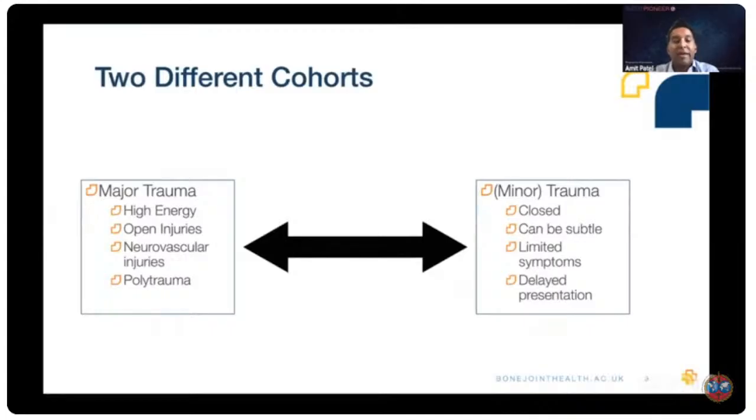One is your major trauma cohort with high energy injuries, open midfoot injuries with commonly neurovascular problems. And they're polytraumatic, they've got injuries elsewhere. And the other end of the spectrum is your minor trauma closed injuries, which can be subtle injury. They can have limited symptoms, and often they come with a delayed presentation.